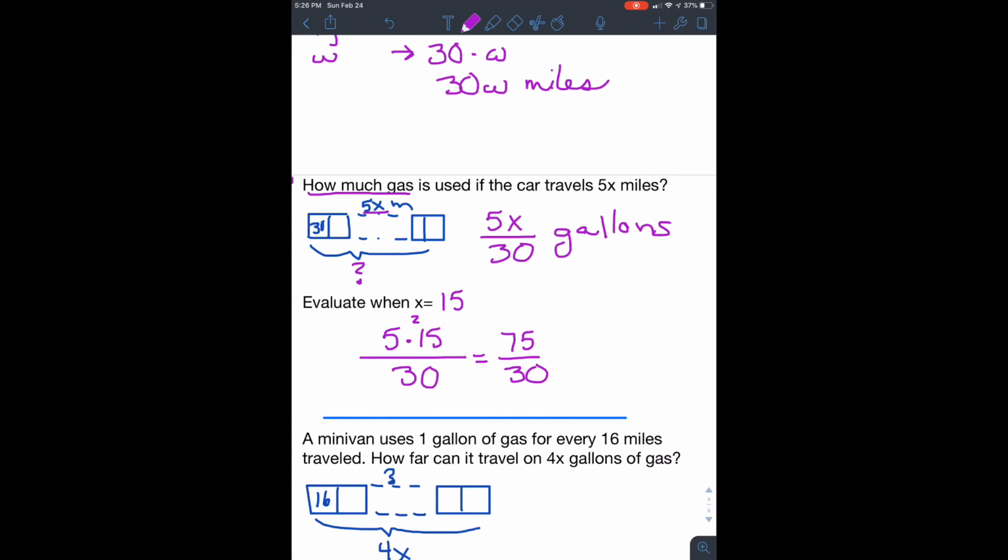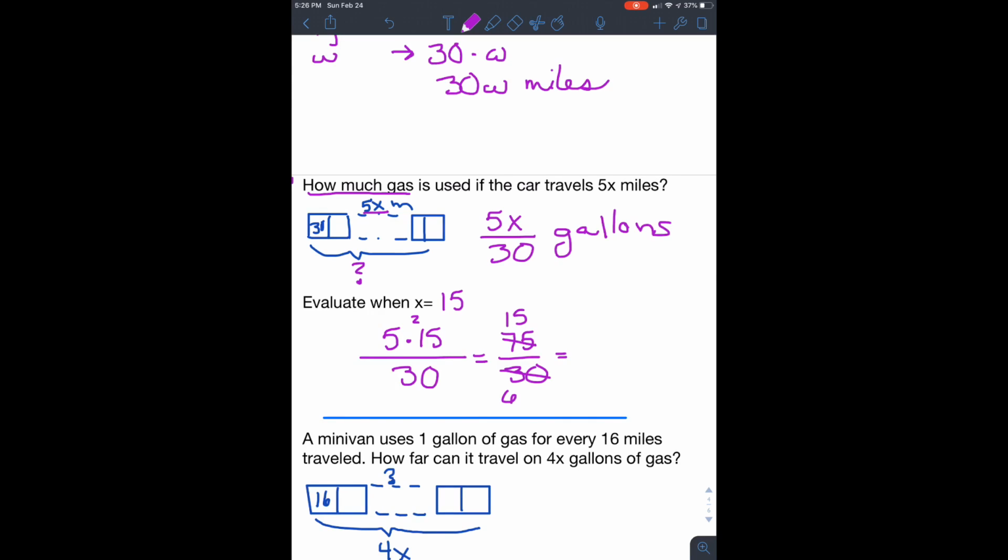So then I need to simplify as much as I can. So I know that 5 can go into both the top and the bottom numbers. So 75 divided by 5 is 15, and 30 divided by 5 is 6.